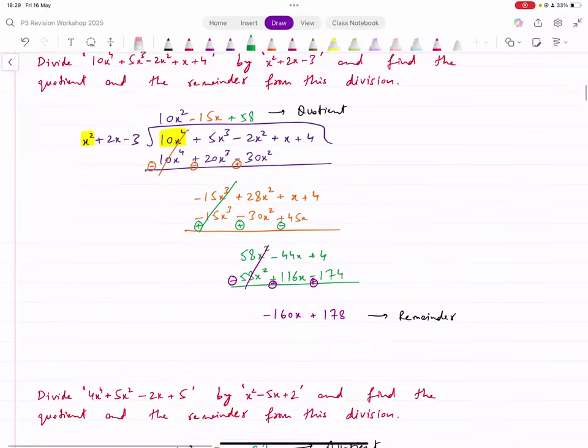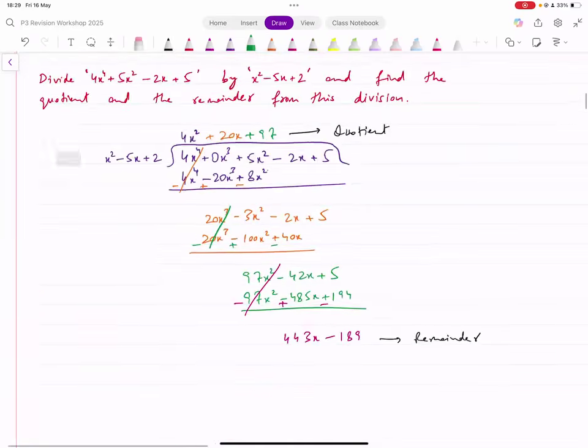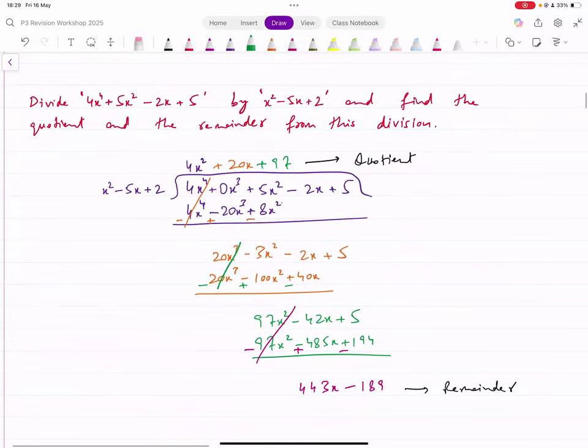Sometimes you have some terms missing. For example, in this dividend, you can see there's no x cubed term. In such cases, it makes things simpler if you write 0x cubed in place of that missing term, right? That will make sure that the terms that you get in your division are properly aligned.